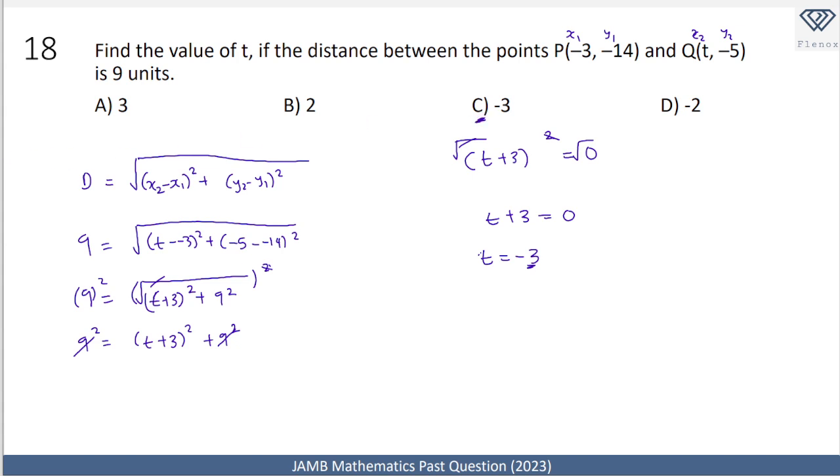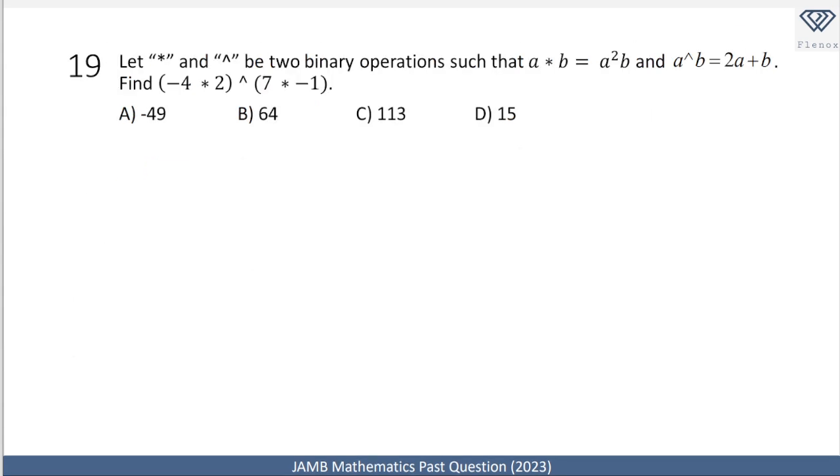Moving on to the next question. We are told that let star and up arrow be two binary operations such that a star b is equal to a squared b and a up arrow b is equal to 2a plus b. We are told to find this.